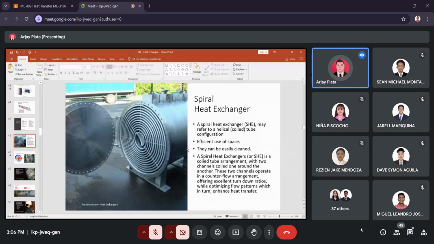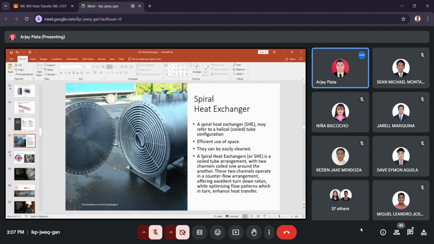We have efficient use of space because the design is very compact, as you can see. They can be easily cleaned. And a spiral heat exchanger is a coiled tube arrangement with two channels coiled around one another. These two channels operate in a counterflow arrangement, offering excellent turn-down ratios while optimizing flow patterns, which in turn enhance heat transfer.